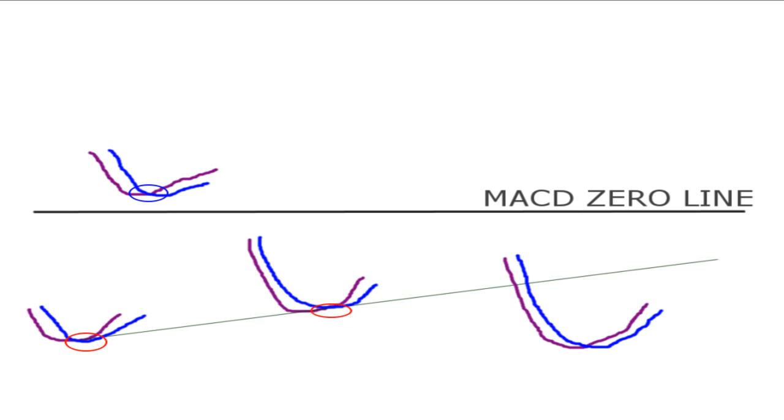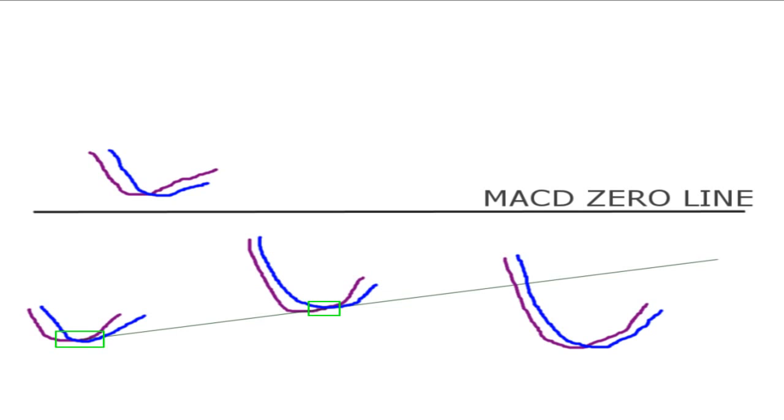The zero line is this line that I'm drawing here. So the crossovers that are more reliable, and the ones that people should pay attention to, are the ones above the zero line. Don't give too much weight to a crossover trading below zero, because those ones are not as powerful.